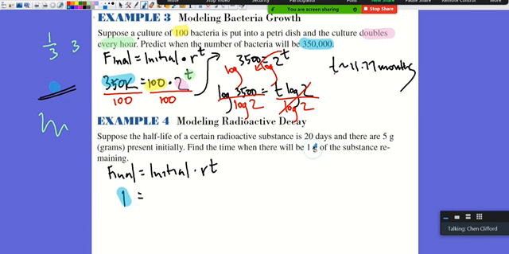Your initial is 5, in yellow, 5 grams. Your r, because it's a half-life, I'm going to choose to use the 1/2 version of writing it, and that's going to be pink. And t, there you go.